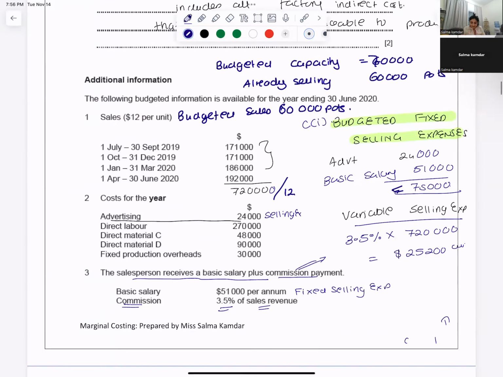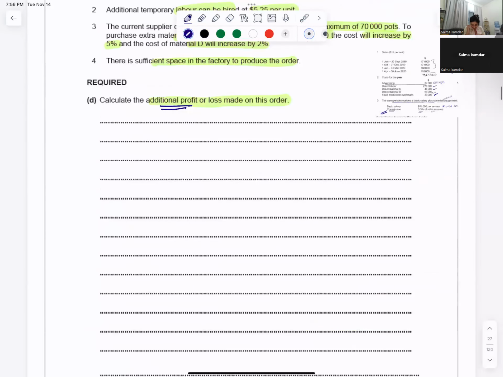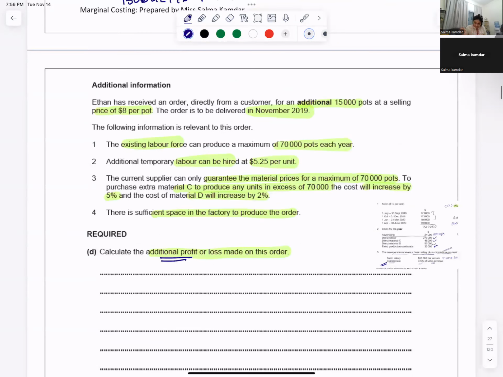Now let's go ahead. My labor force can produce 70,000 pots. My current capacity that I am using is 60,000 pots, and I have a capacity of 70,000 pots.